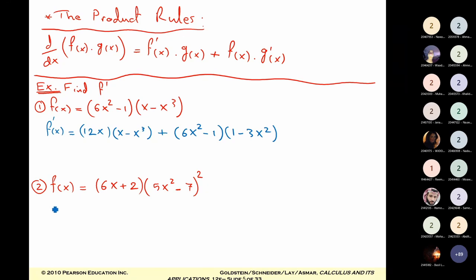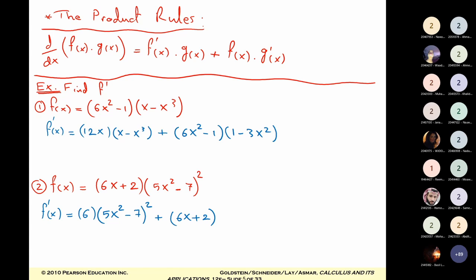Okay, the second, f prime equal, also we need to find the derivative of the first multiplied by the second, 5x squared minus 7 to the power 2, plus the first one, 6x plus 2, multiplied by the derivative of the second.